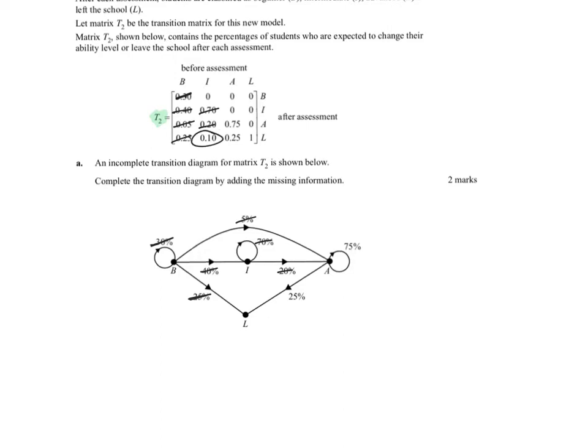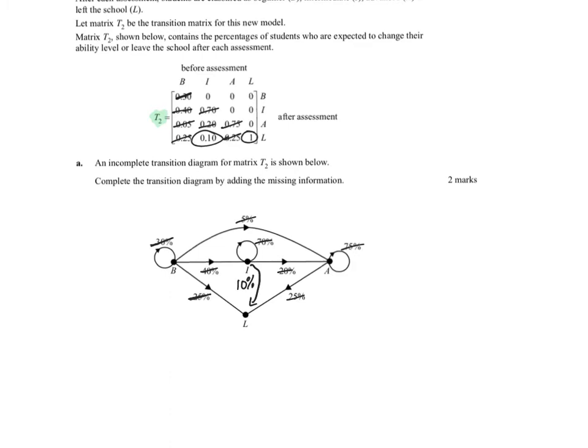This 10% from intermediate to have left the school, we can't see the 10% on the diagram, so that information's missing. So 10% from intermediate to have left the school. All right, now I've got that. The 75% in advanced and advanced, 25% from advanced to have left.